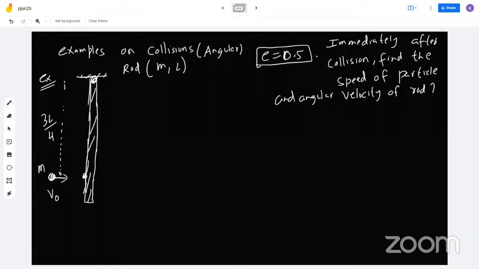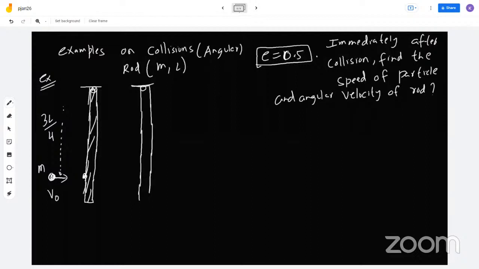So yes guys, this is the initial diagram, and this is just after collision. So just after collision, what unknowns are you going to keep?